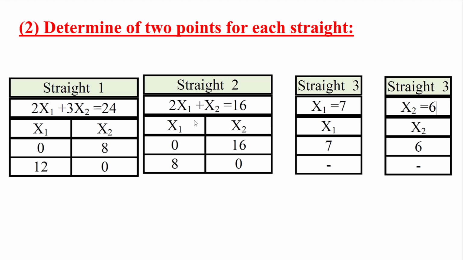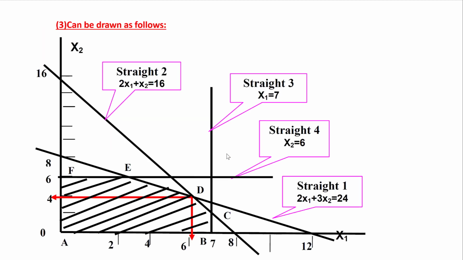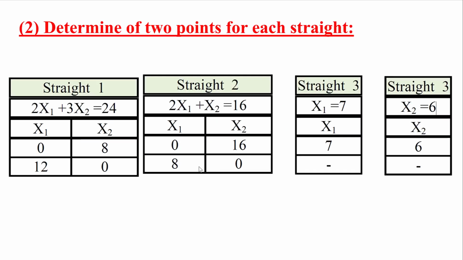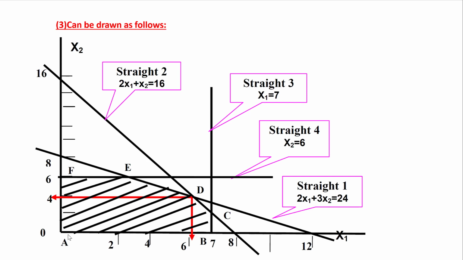Second constraint: (0, 16) on x2, and when x2 equals 0, x1 equals 8, so (8, 0). We connect 16 and 8 on x1 to draw the second constraint.